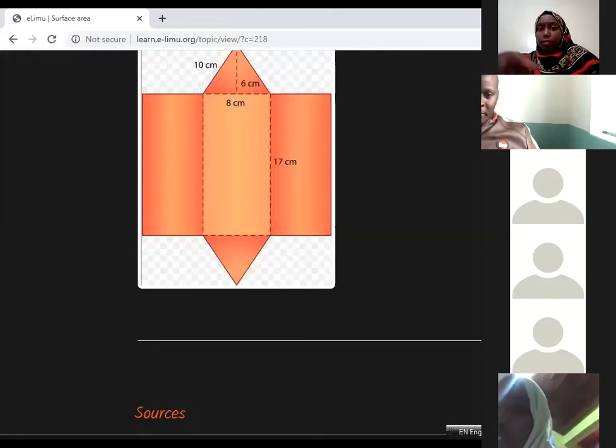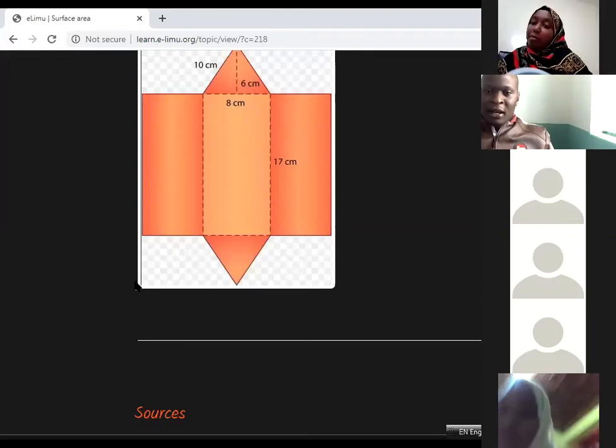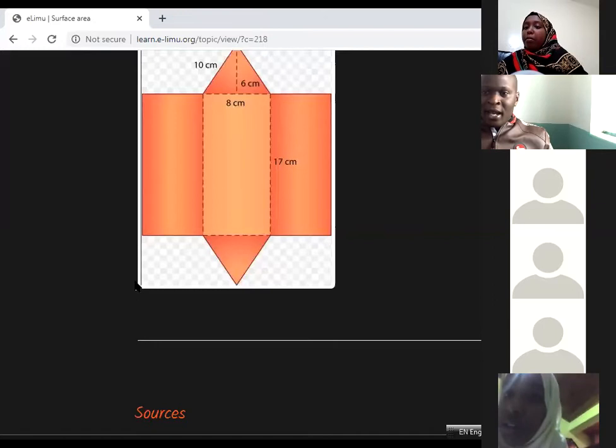Triangular prism. From the word triangular, it is a prism which is made up of a triangular cross-section area. So looking at that figure, one end is a triangle, another end is a triangle.